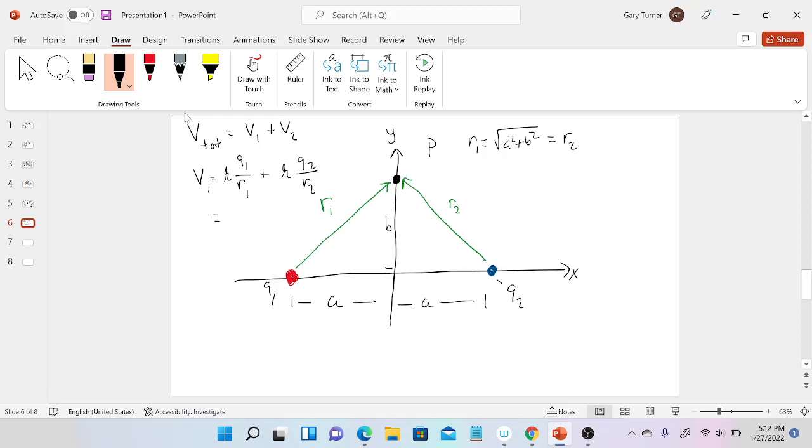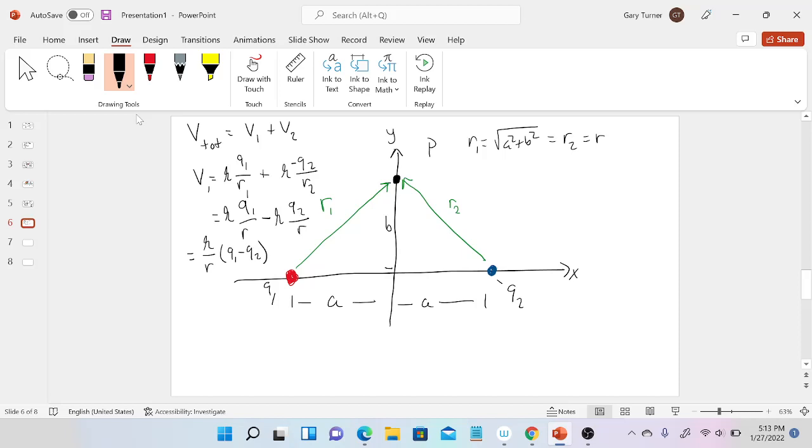So what that means is that I can write this down as KQ1 over R1 minus KQ2 over R2, because Q2 is negative. Now, because R1 and R2 are the same thing, we might as well just call this R. So I can drop these subscripts in the equation, and you'll note that the total potential is just K over R times Q1 minus Q2.